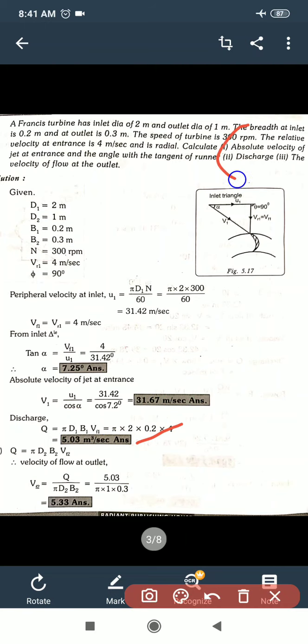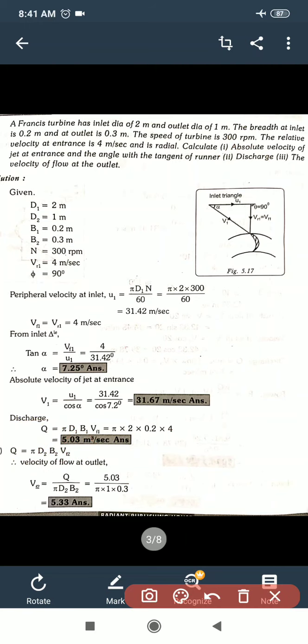By using this discharge, we can calculate the flow velocity at outlet, because in this formula only vf2 is unknown. So from the formula Q equal to pi d2 b2 vf2, because discharge at inlet as well as outlet is the same, we can use the same formula for the outlet also. Q is a known value, d2 and b2 are also known, and vf2 needs to be calculated.